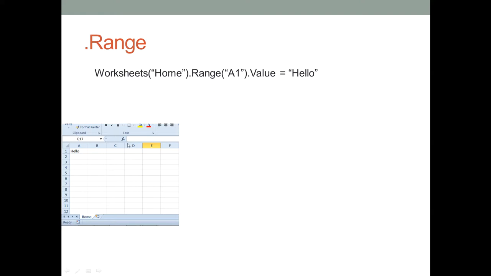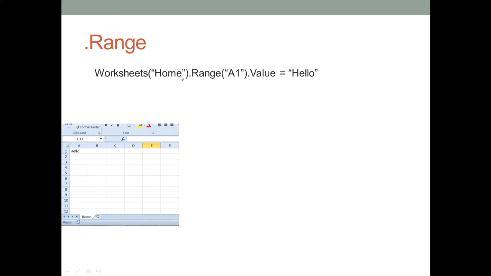When we want to manipulate cells within a workbook or a worksheet, we can use this simple line of code to do things like write values to cells. In this case, we've called the name of the worksheet. So worksheets home. Notice that my worksheet here is named home.